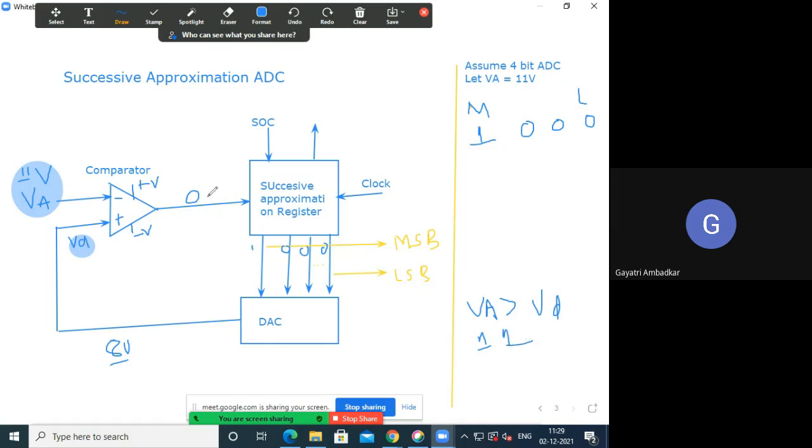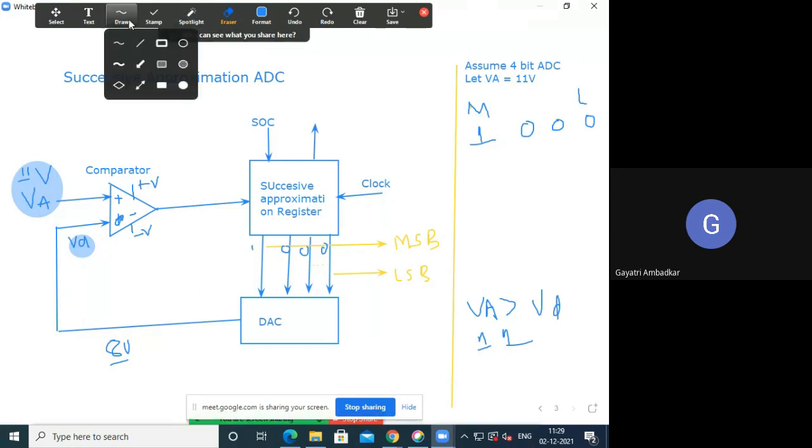It means it should receive 1. Let me check it from a reference book. Okay, I will check it from the reference book. So probably this shall be plus and this shall be minus. Then only you will receive here the logic 1. Okay. So in this case now you will receive logic output 1.